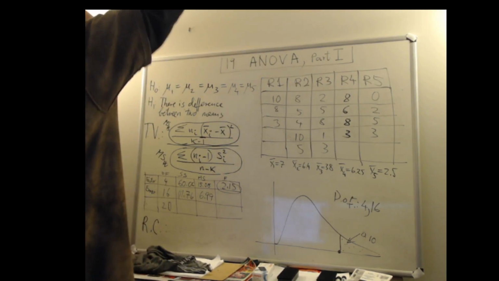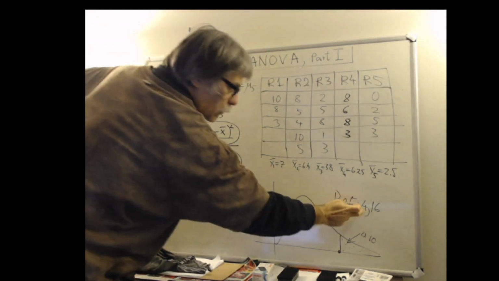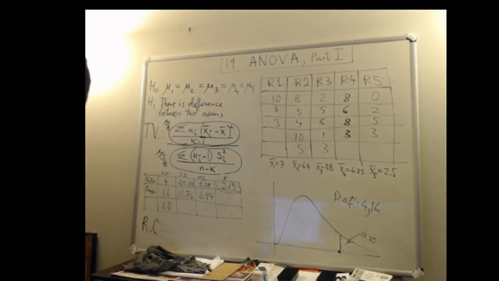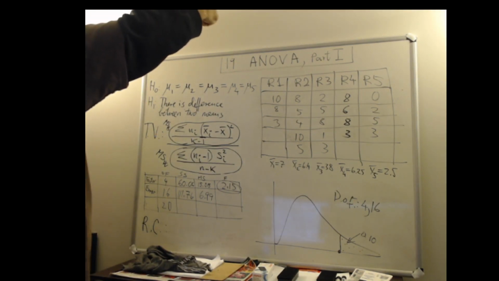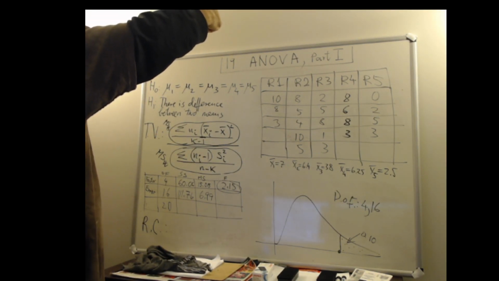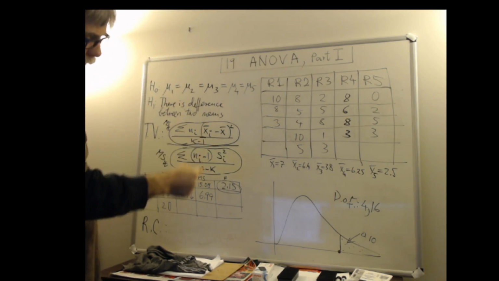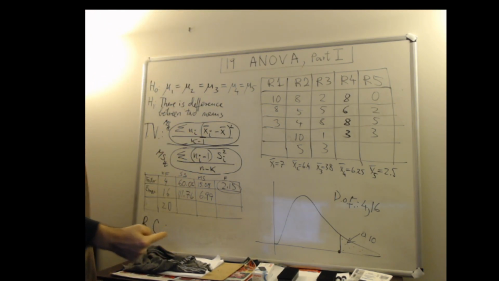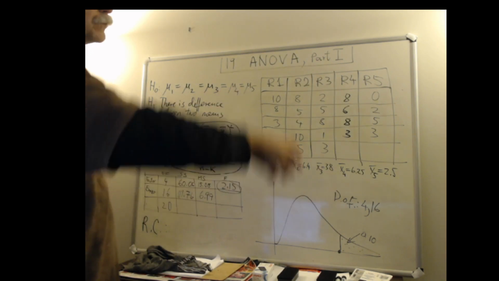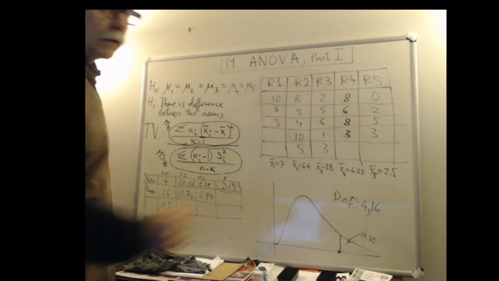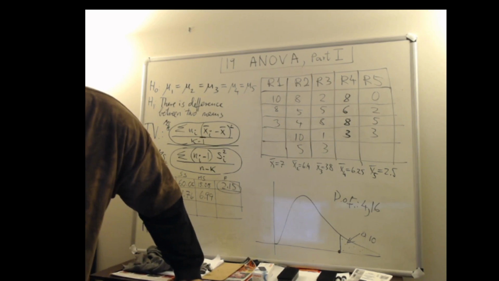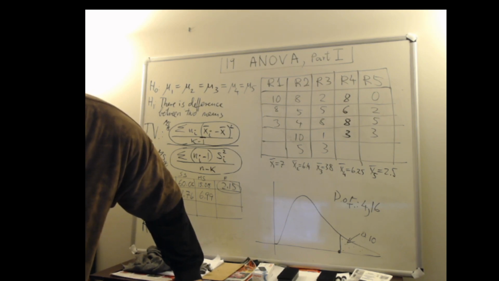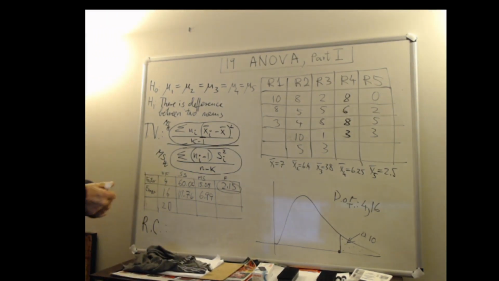What are you looking for? You're looking for 4. And then on the side, you're going to be looking for degrees of freedom within the groups. 1, 2, 3, and so on. The one you're looking for is 16. So in the crosshair of these 4 and 16, you'll find a number that I found, 2.33274.